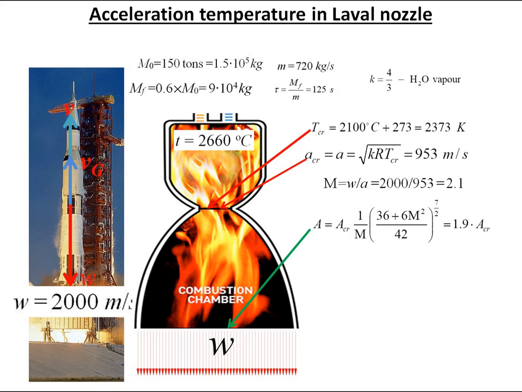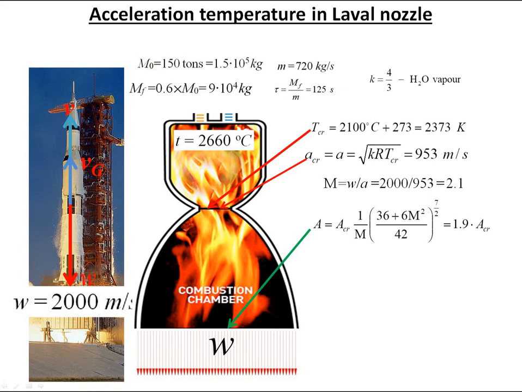Adiabatic gas expansion has an alternative name: an isentropic process. It means no heat losses with the surroundings. A very big area of the Laval nozzle at the exit is extra mass and high energy loss through the walls of the Laval nozzle.